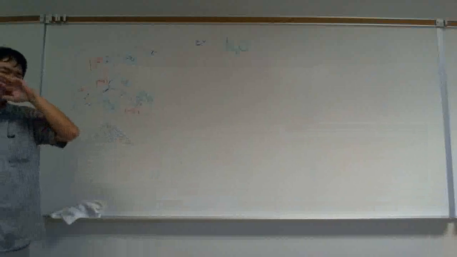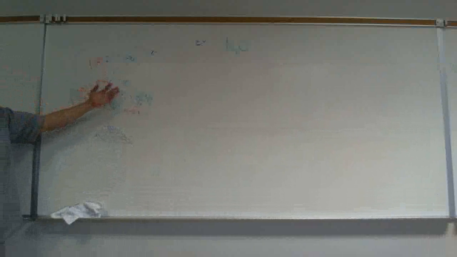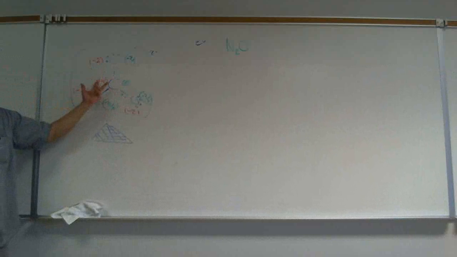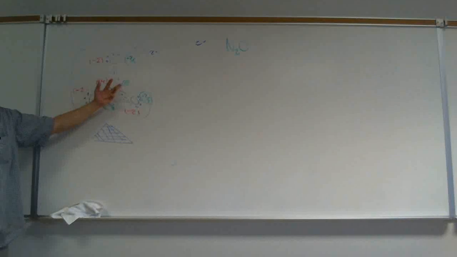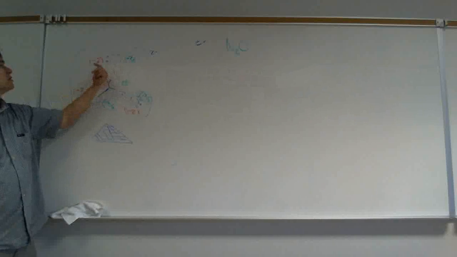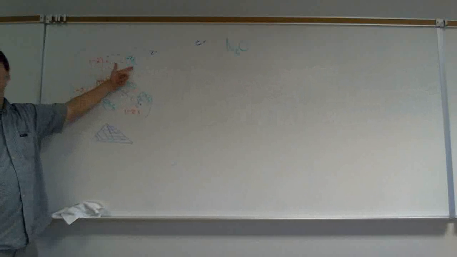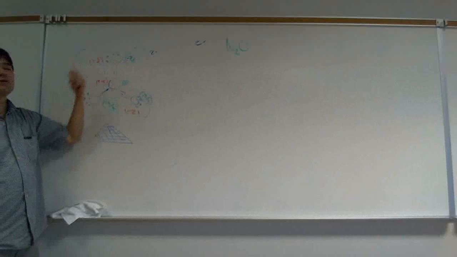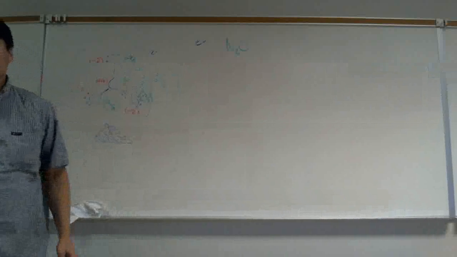The true picture is the charge on carbon is not really 0, nor is it +4. The charge is somewhere between 0 and +4. The charge on oxygen is not -2/3 and it's not -2, but it's somewhere between -2/3 and -2.